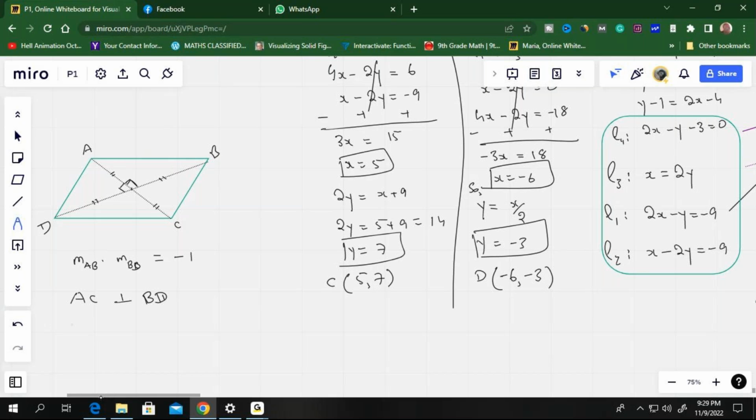I just write down here the step. In the next step, find the midpoint of line segment AC and line segment BD one by one. Separately.